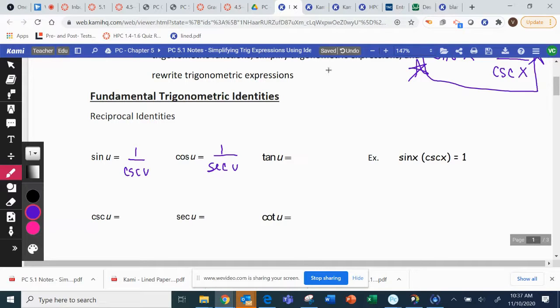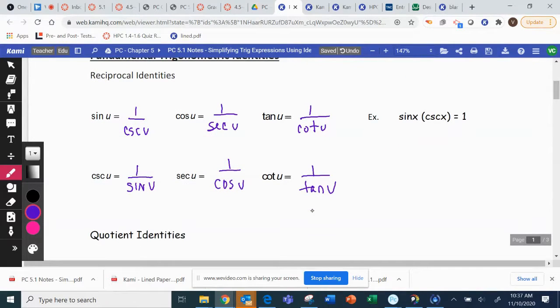Tangent u would be the same thing as 1 over cotangent u. Cosecant u would be the same thing as 1 over what? Sine u. So these are reciprocal identities. They're always true no matter what value of u, or x, or theta.